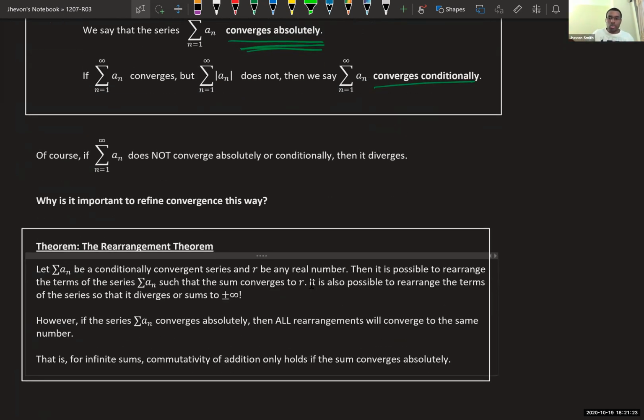Well, there's something called the rearrangement theorem that makes this important. So Riemann, our good old friend Riemann, the guy who invented the Riemann sum, who is responsible for how we do integrals today. Integrals existed before him, but he developed a new method of calculating them.